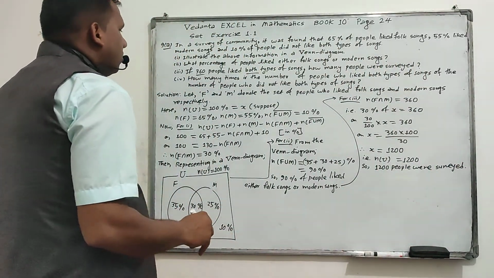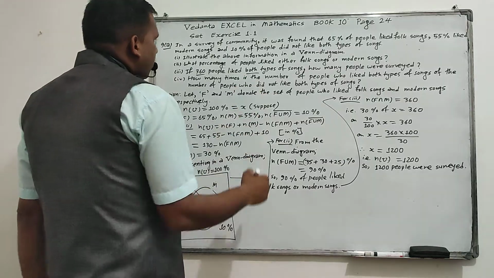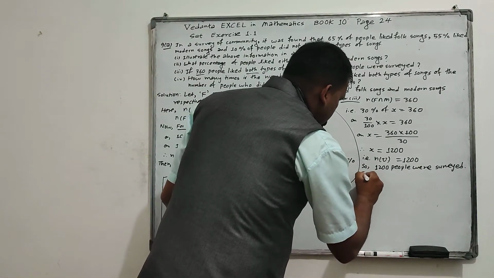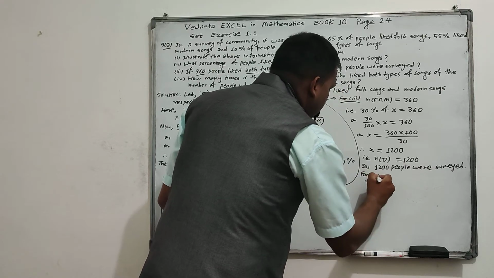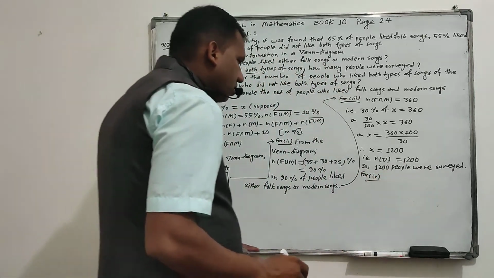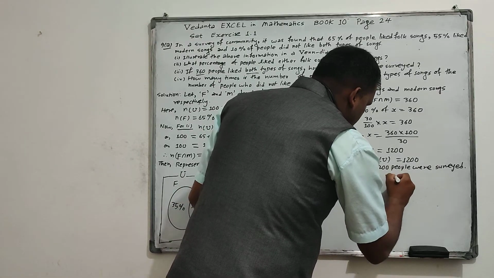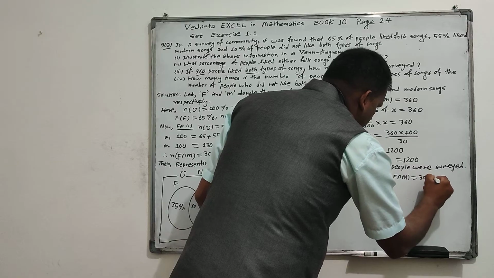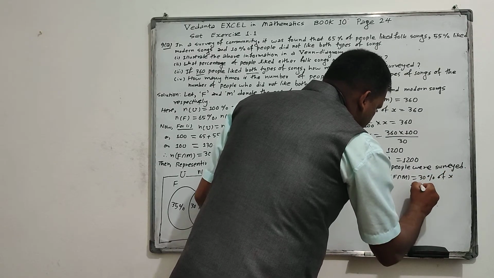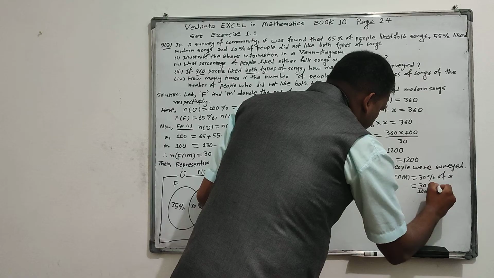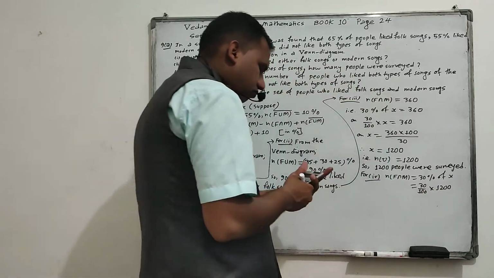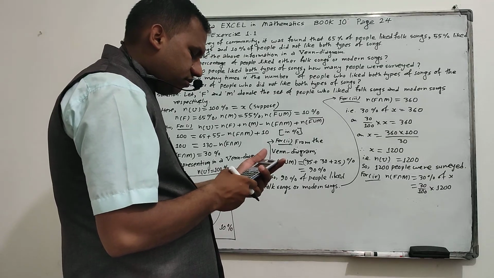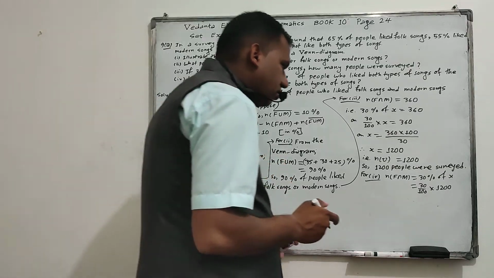Now number 4, how many times is the number of people who like both types of songs compared to those who did not like both? Number 4, like both types of songs, that is 30% of X. Number of F intersection M equal to 30% of X, 30 by 100 into 1200. Calculate this, it becomes 360.